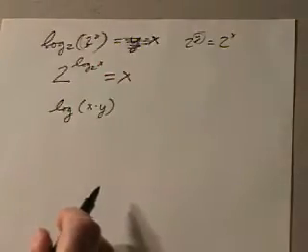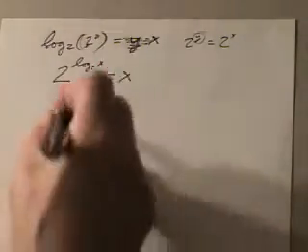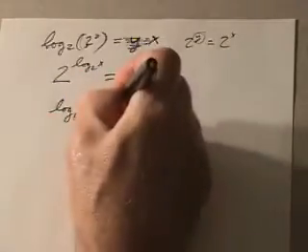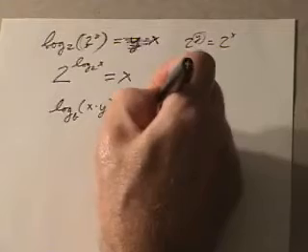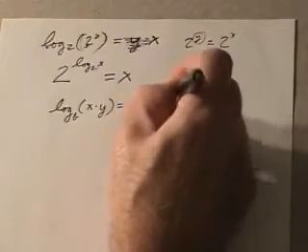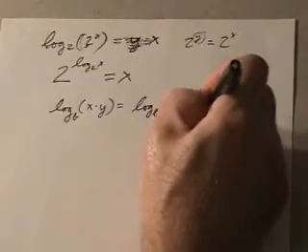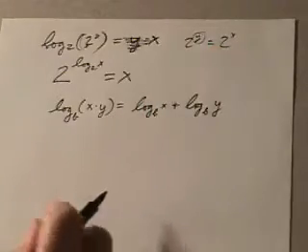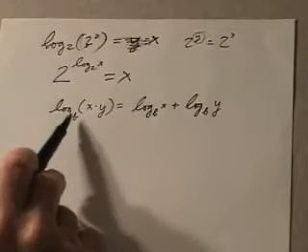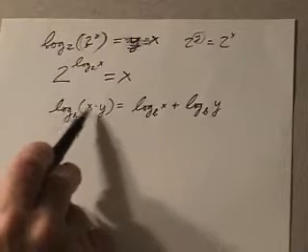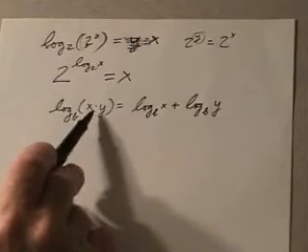The law that you should remember from this is that if you take the log, and it doesn't matter what base it is, log base b of any product, x times y, is the log base b of the first number plus the log base b of the second number. And this is again getting at the idea that logarithms, like exponents, work well with multiplication.